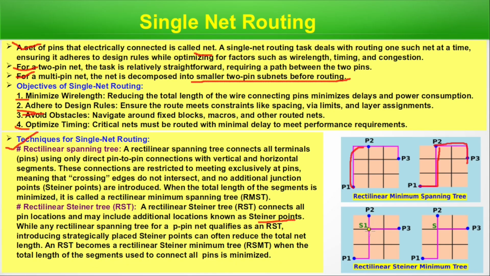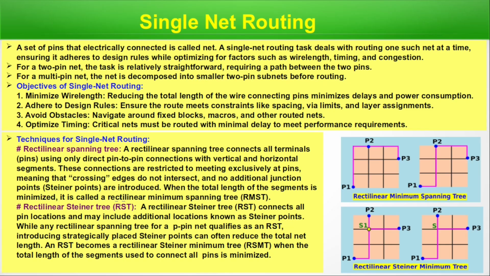Like from P1 to P2, if we introduce one Steiner point, from there we can draw another connection, like P1 to P2 through S1, and from S1 it's connected to P3. These are the rectilinear spanning tree and rectilinear Steiner tree. These are techniques for single net routing.